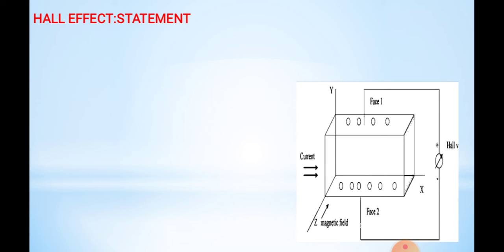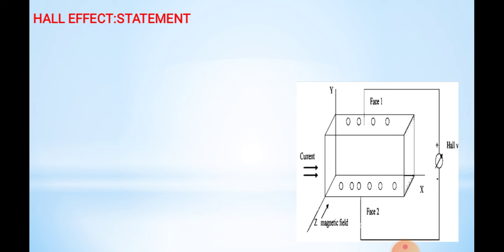We are applying a magnetic field perpendicular to the current, because the magnetic field is along the z-axis and the current is along the x-axis. Now, when we do this, some voltage will be produced along the y-axis, which is perpendicular to both x and z.